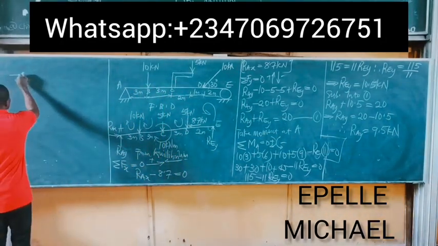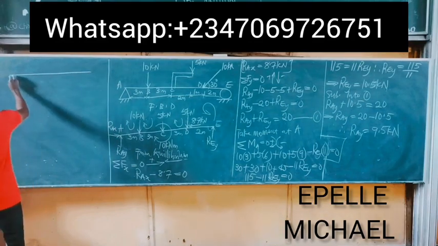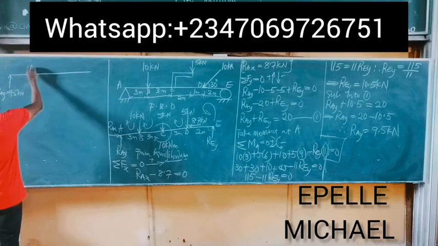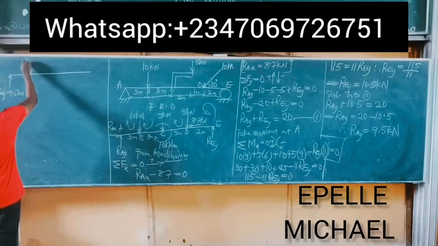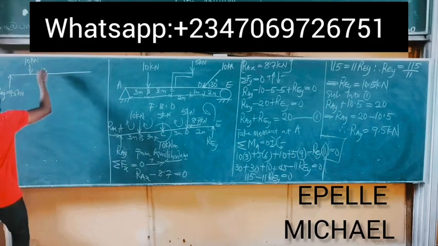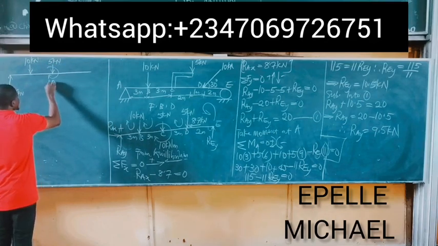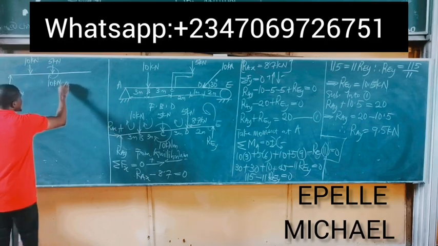So we have our FBD. At point A, we have already found the value of RAY, which gave us 9.5 kilonewtons. We know the force at point B, 10 kilonewtons. At point C, we have 5 kilonewtons and a couple of 10 kilonewtons meter.